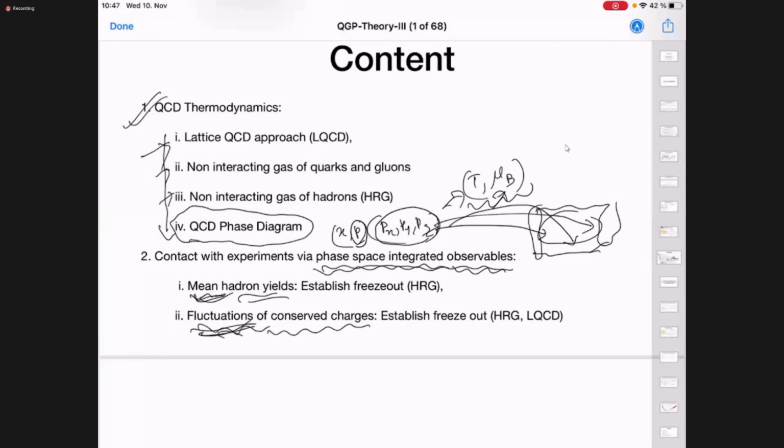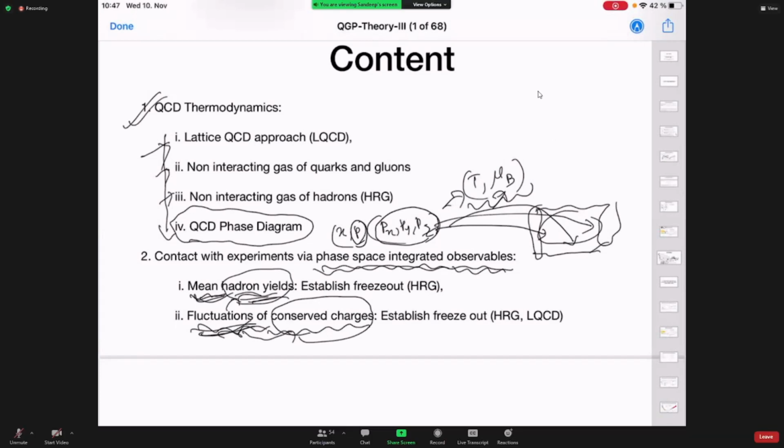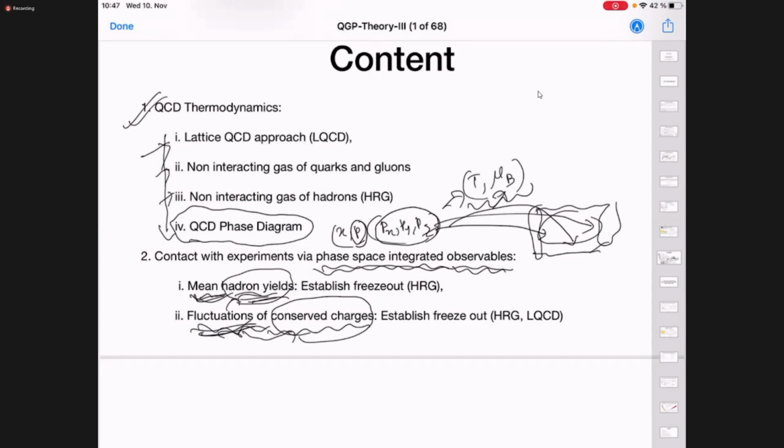Usually when people talk of fluctuations, they talk of conserved charges, but you could ask, why not hadron yields? Are they useful? Are they not useful? That's a different question. In fact, when you want to calculate the fluctuation of a conserved charge, you have to break it down in terms of fluctuation of hadron yields, right? Because this is what you are measuring, and then you take suitable combinations to construct the conserved charge. Whatever it is, the yield or the conserved charge, at the end of the day these are all phase space integrated observables, right?